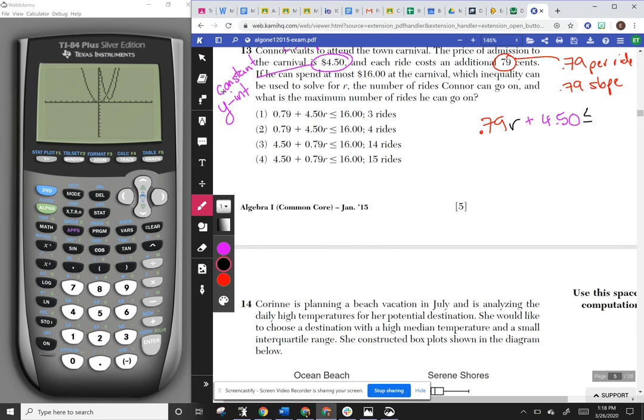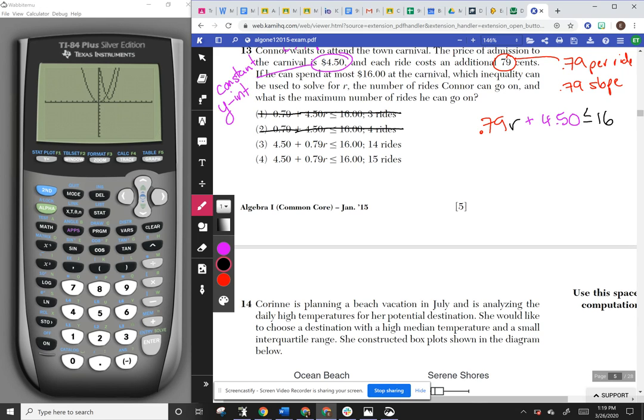So that has to be less than or equal to 16, seeing that he can't spend more money than he has. So the two we can get rid of based on that are 1 and 2, because the 79 is incorrect. And now we just need to determine how many rides he can ride.